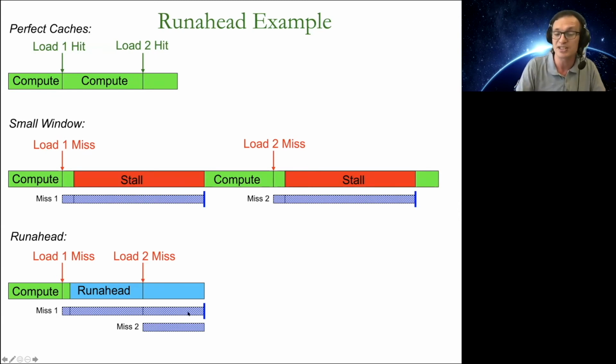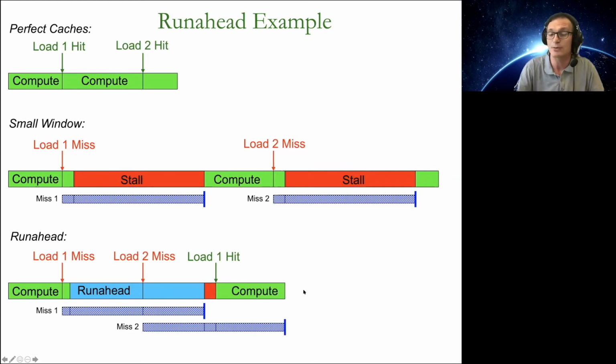And hopefully they go to different banks. And when the original miss returns, we flush the pipeline. That's why you have this red over here. And then you restart execution. You restore the checkpoint, the original architectural state that you had at load 1, as well as the program counter, such that you can re-execute all of the instructions. And you execute all the instructions. And while you're doing that, the second miss completes.